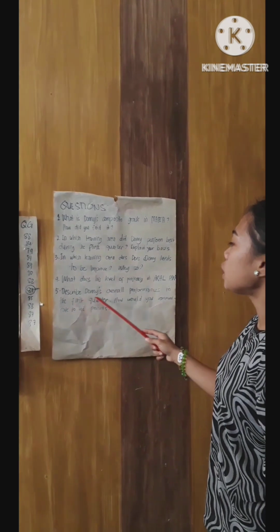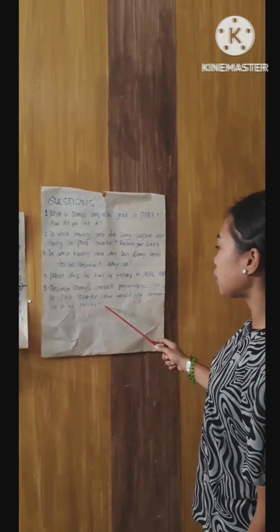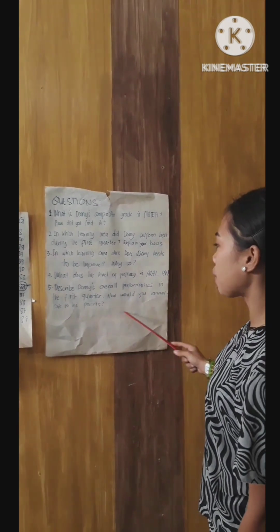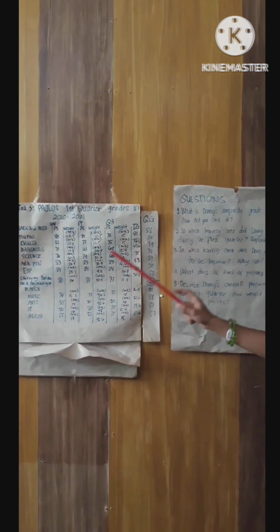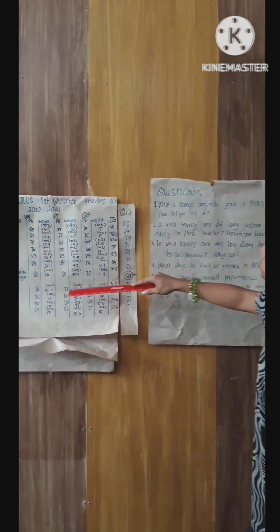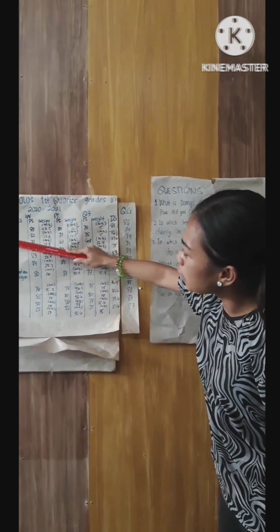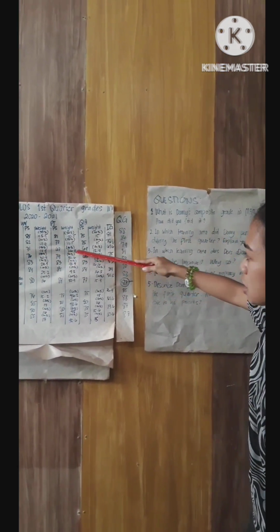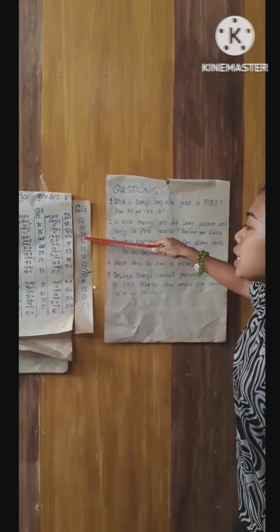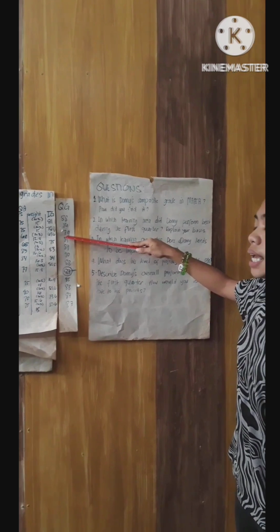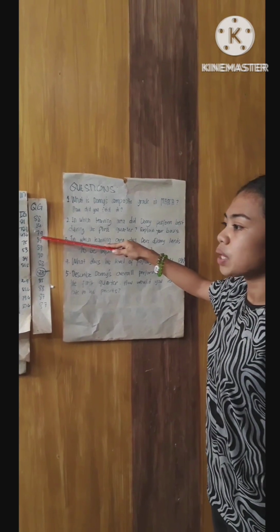Last, describe Donnie's overall performance in the first quarter. How would you communicate to his parents? So, the overall performance of Donnie is actually good, but he needs to improve in the learning area of mathematics because in mathematics he got the 79 grade, which means that 79 grade is low.